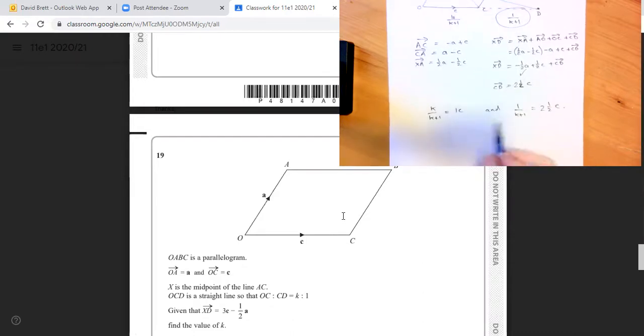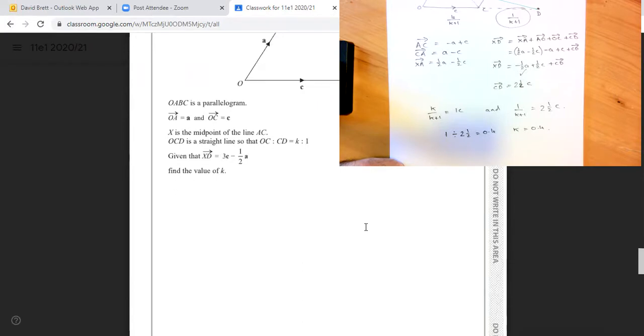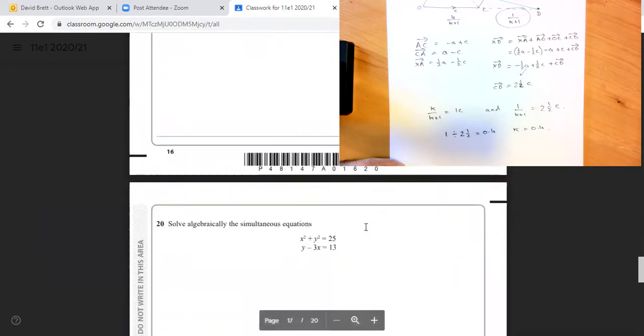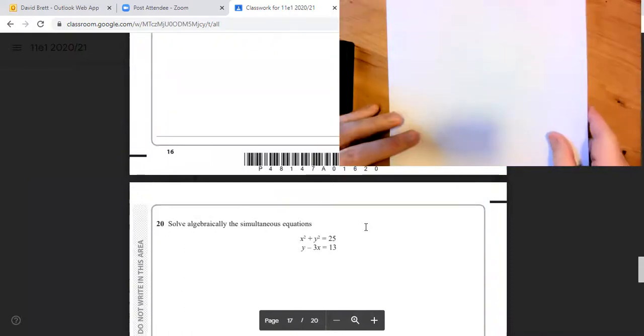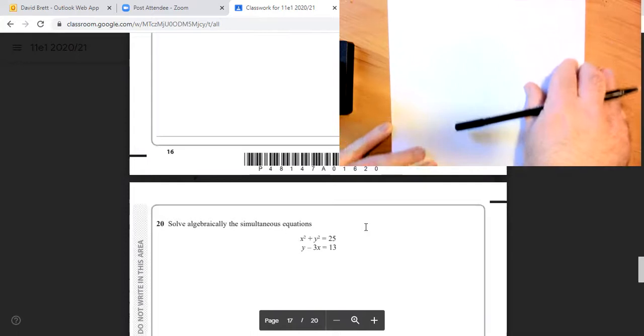So we know that K must be less than 1, because I'm dividing by 2.5. So 1 divided by 2.5 is 0.4, so K must equal 0.4. Okay, that was a tough one, guys, so just bear with it, and we can go through some more of those when I see you in lessons.